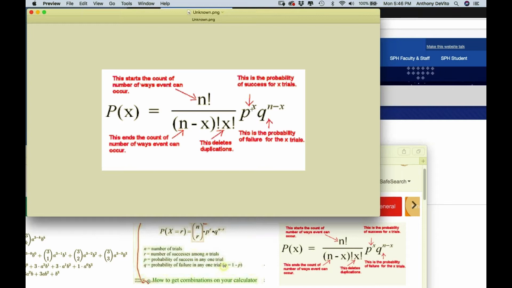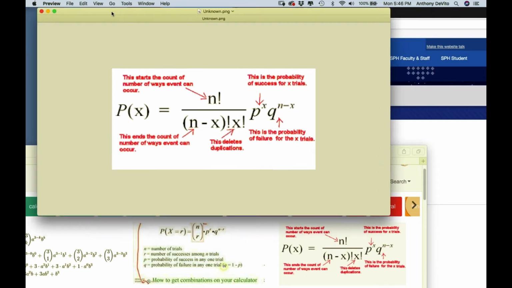So to make a long story short, this formula is a real headache to figure out, right? It'll give us the probability of the outcome that we want, the probability that 3 out of 10 people randomly selected from this population are going to be left-handed. But it's so cumbersome, chances are you would never want to do it.